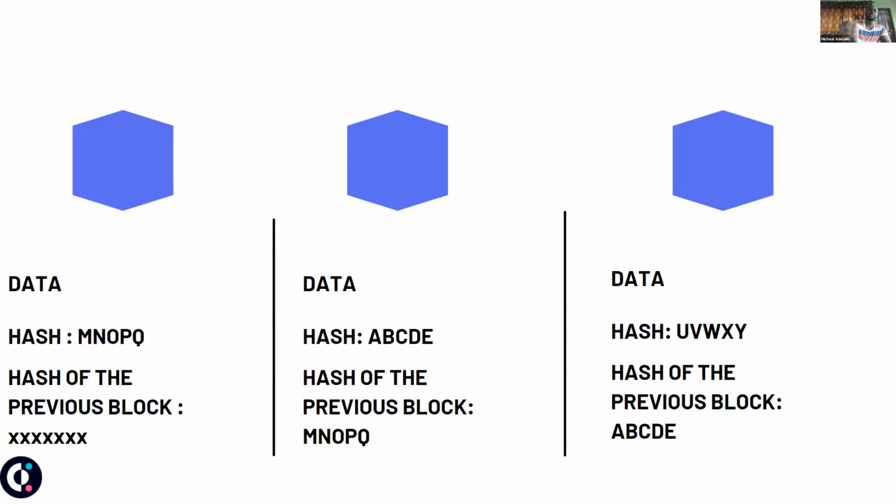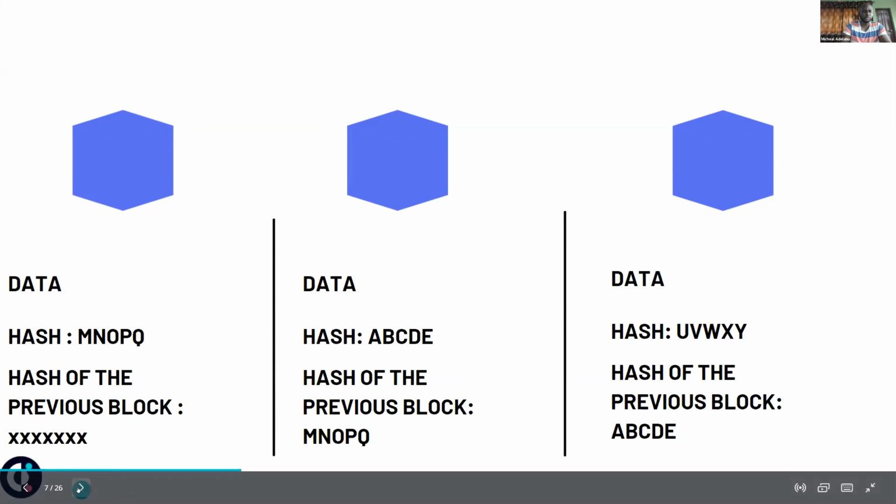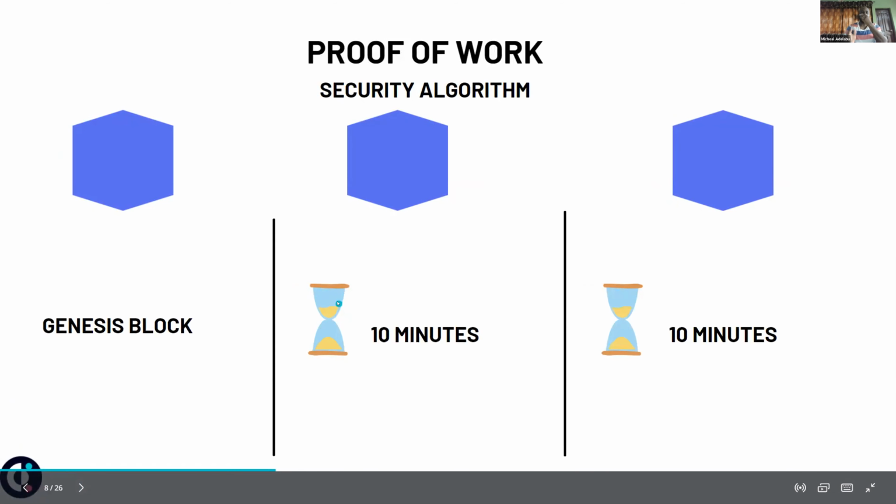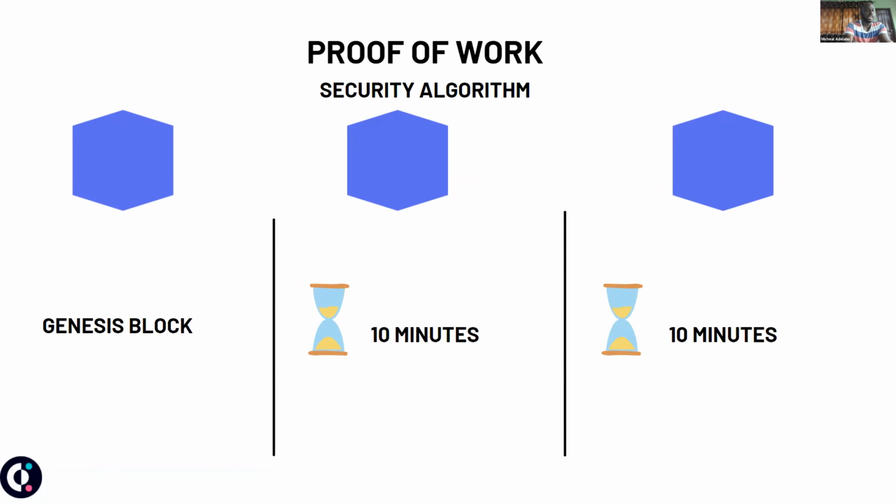Another security measure being done here is what we call proof of work. Before we move on to proof of work, let me show you this. Changing the hash for one block takes exactly 10 minutes.